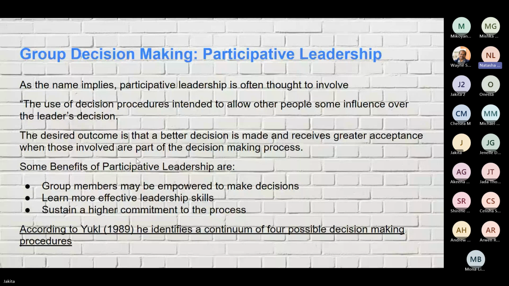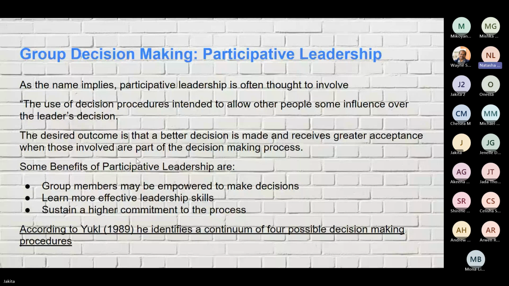The desired outcome is that a better decision is made and receives greater acceptance when those involved are part of the decision-making process. Some benefits of this leadership type are: one, group members may be empowered to make decisions; two, learn more effective leadership skills; and three, sustain a higher commitment to the process.